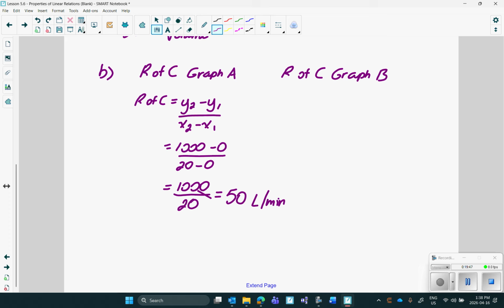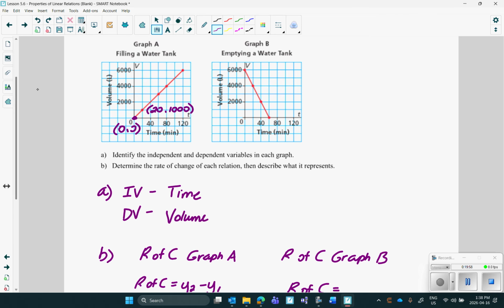Okay? How about graph B? I need 2 points. What would you like to use? Really, somebody can't read one to me?